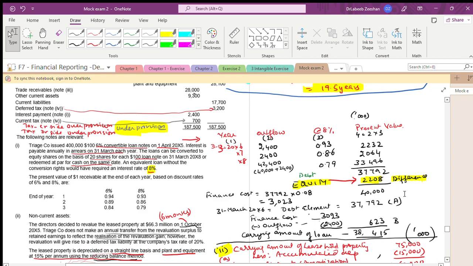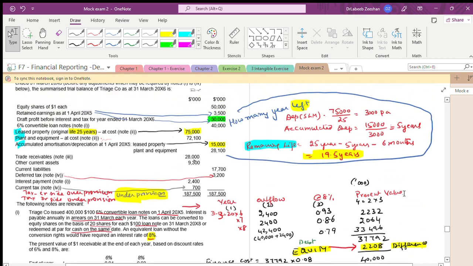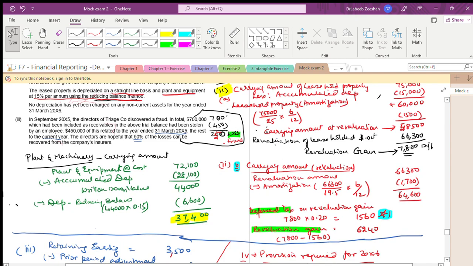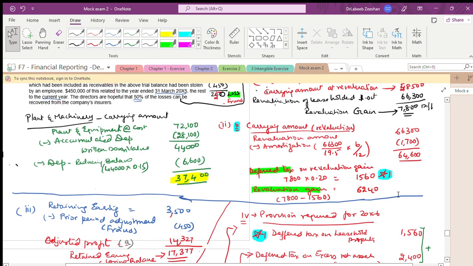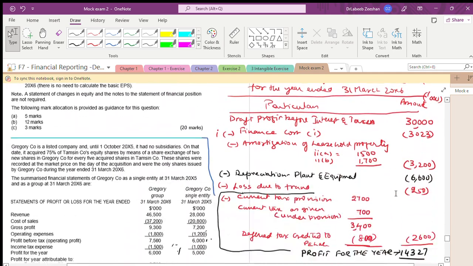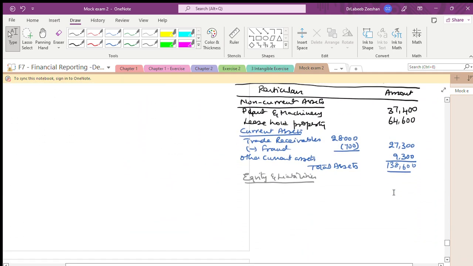Next, you have the revaluation surplus, 6,240. Revaluation gain. Next, you have retained earnings. Done.